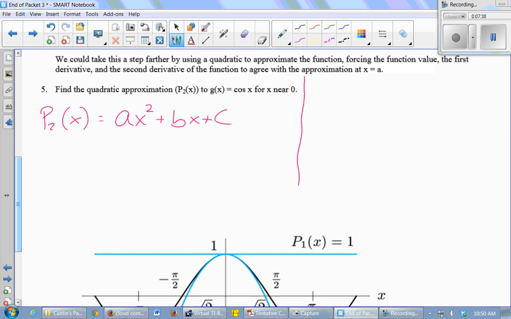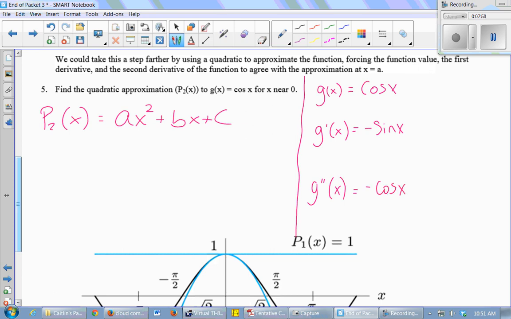All right, so let's try to do this kind of systematically here. Okay, so g of x, g prime of x, and g double prime of x. So g of x is cosine x, right? What's g prime of x? Negative sine x. Good. And then g double prime is negative cosine x.